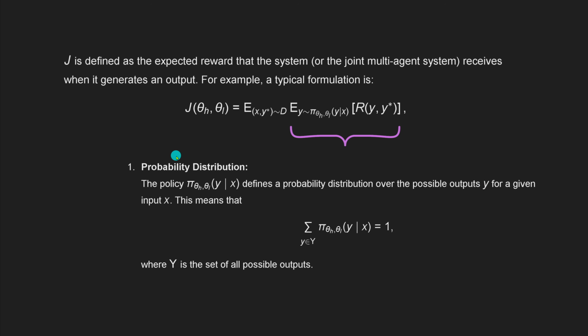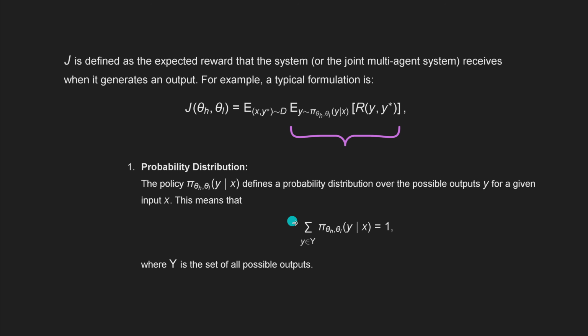So let's have a look at this probability distribution, if you want to understand it on the next deeper level. Yes, I know it hurts, but never mind. We have our policy pi theta high and pi theta low. Input x, output y defines a probability distribution over the possible outputs y for a given input x.